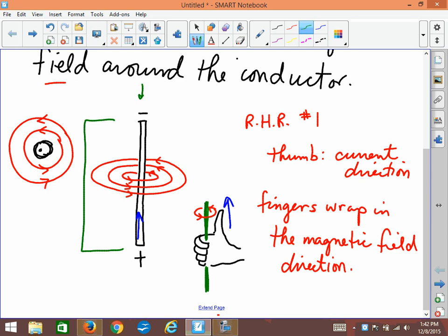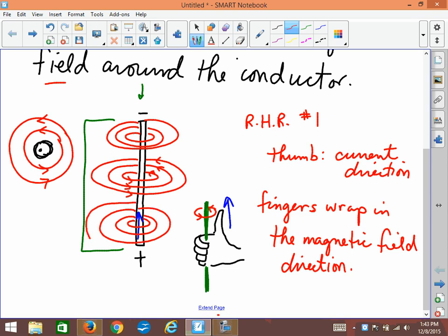It's hard to draw all those red lines in this kind of a picture, but it's more of a cylindrical type shape that goes all around the conductor. Okay? So that magnetic field is present at every point. I can draw the same little set of circles at every spot on this wire, all around like this.